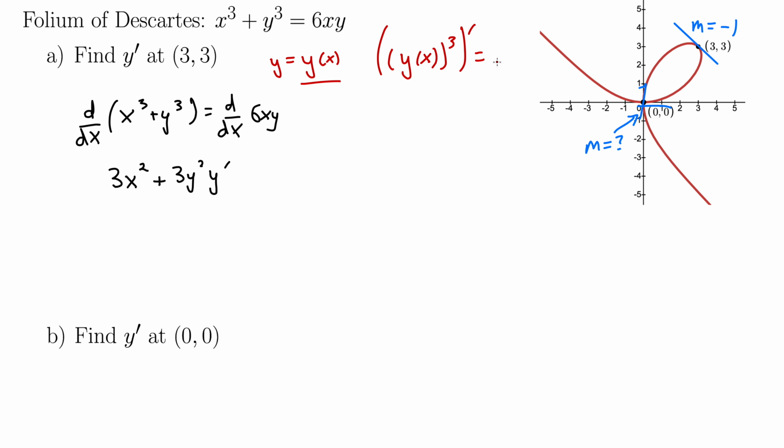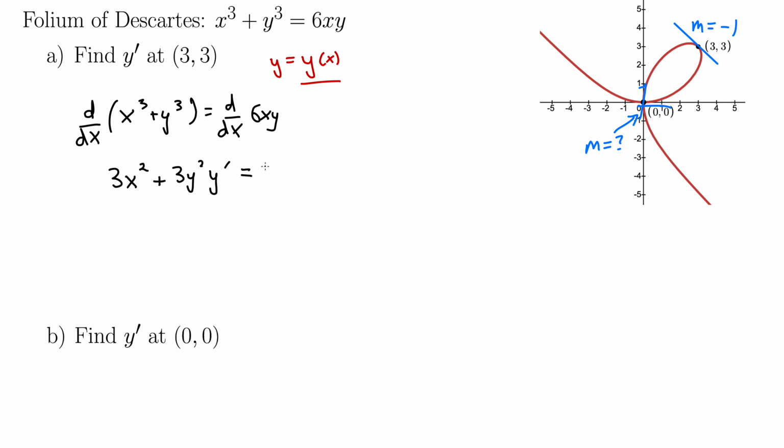So by the chain rule, we would have 3 y of x squared, and then times the derivative of the inside, times y prime of x. So we're just applying the chain rule. It just doesn't look quite as convoluted as this because we're keeping things very crisp as just y's, but that's what's going on behind the scenes.